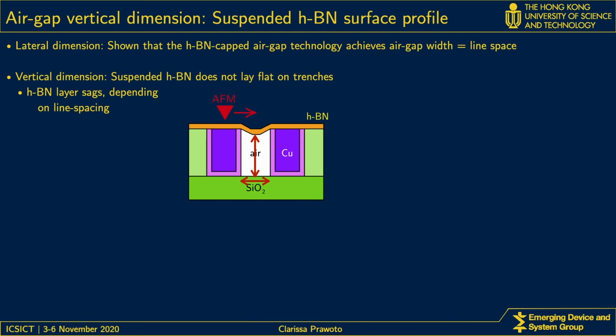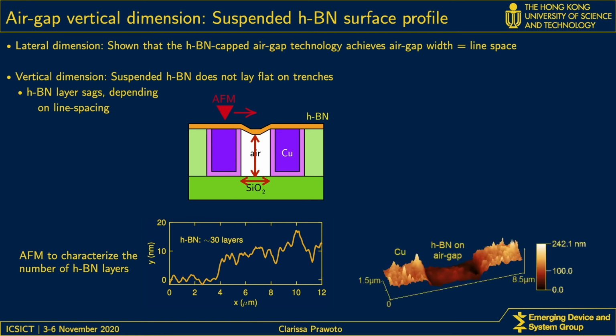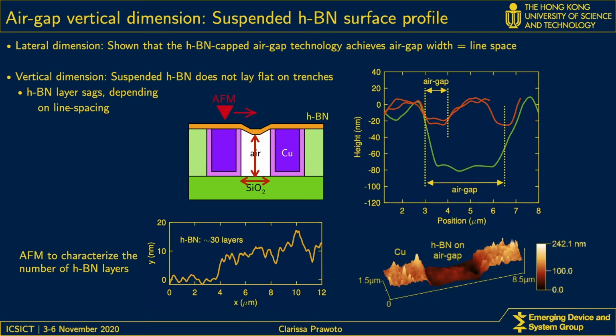So we perform characterization by AFM on the suspended HBN. First, we characterize the number of HBN layers, and based on the average thickness, there are around 30 layers. For the suspended HBN, here is a 3D image, and here is the profile extracted.